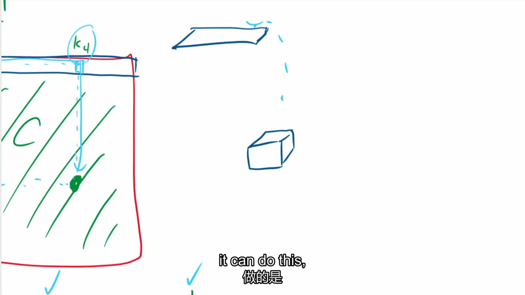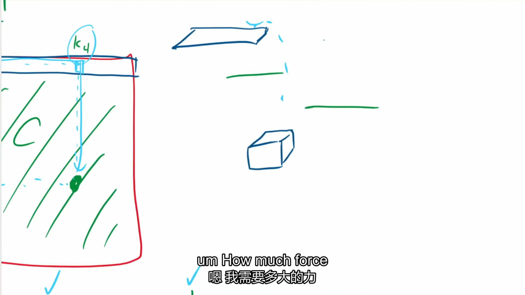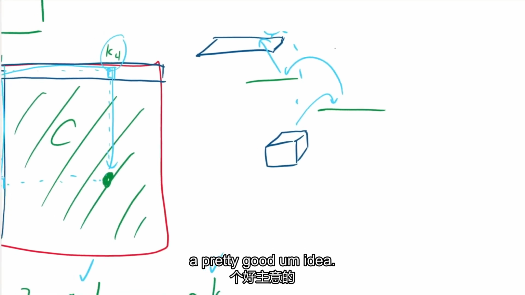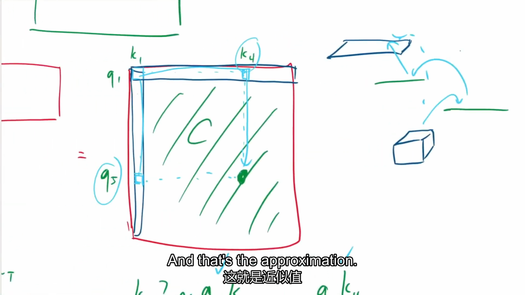Now, what I can do is ask, well, here are a bunch of other shelves. How much force do I need to lift it onto this, and then onto this, and then onto this? It's not going to be exactly the same because every single time I need to put it down and pick it up again, so there is a bit of inaccuracy, but I'm going to get a pretty good idea, and that's the approximation.